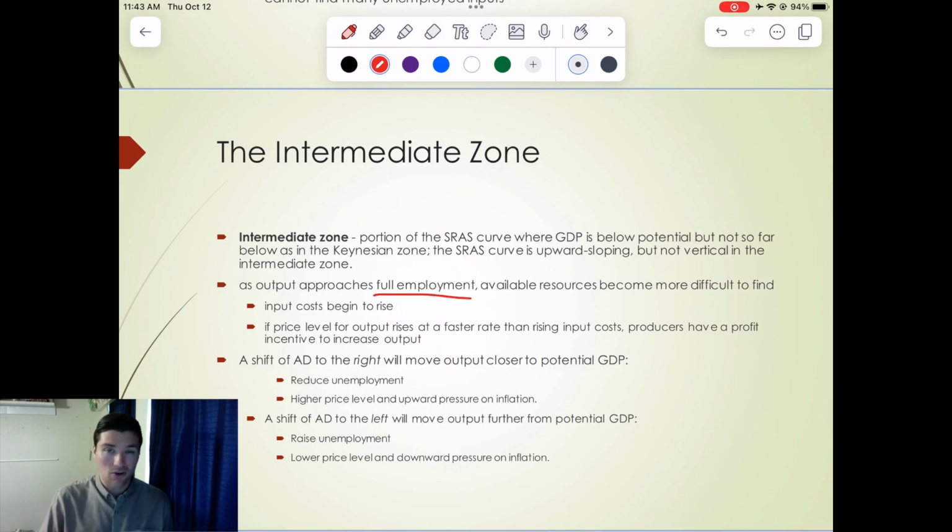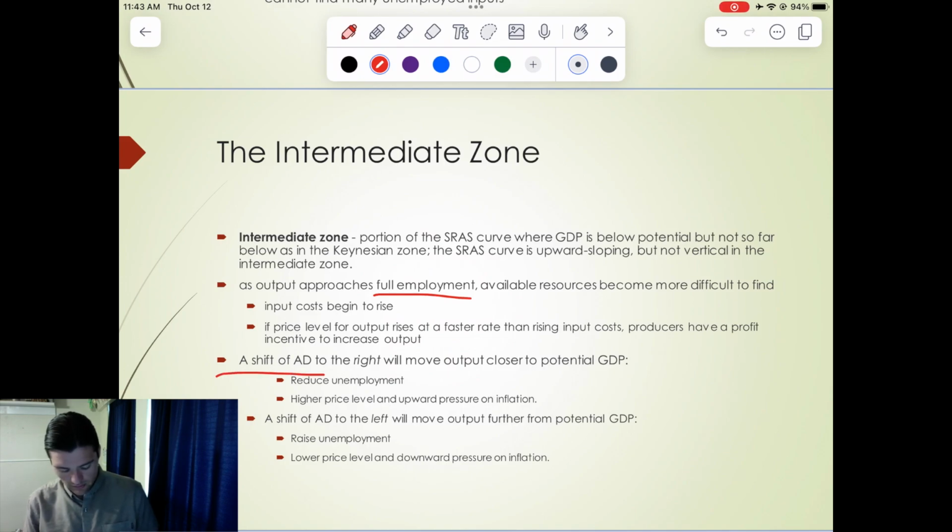Available resources are becoming more difficult to find. Like, you had a lot of oil, but now you're starting to use more of it. So now, because you're starting to use more of it, we are increasing the price of that oil. So we're going to have rising input cost. So therefore, this is going to increase the price of things, which does create a profit incentive because prices are higher. Higher prices, you want to supply more stuff.